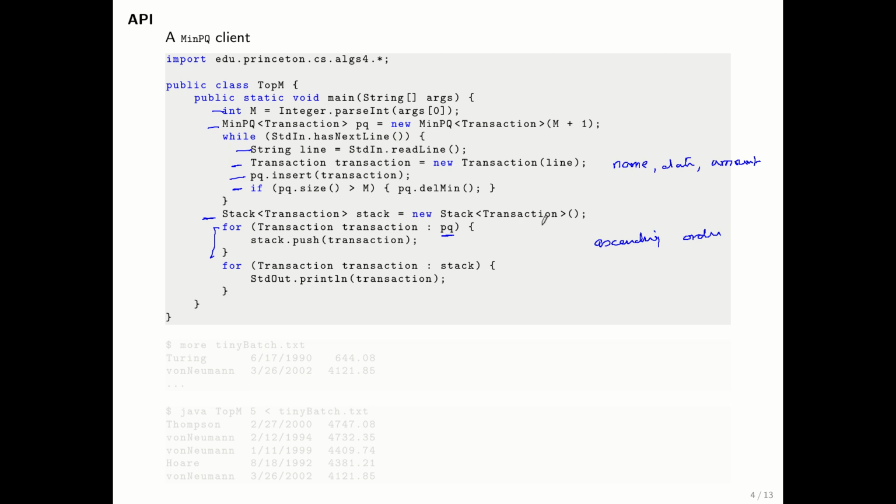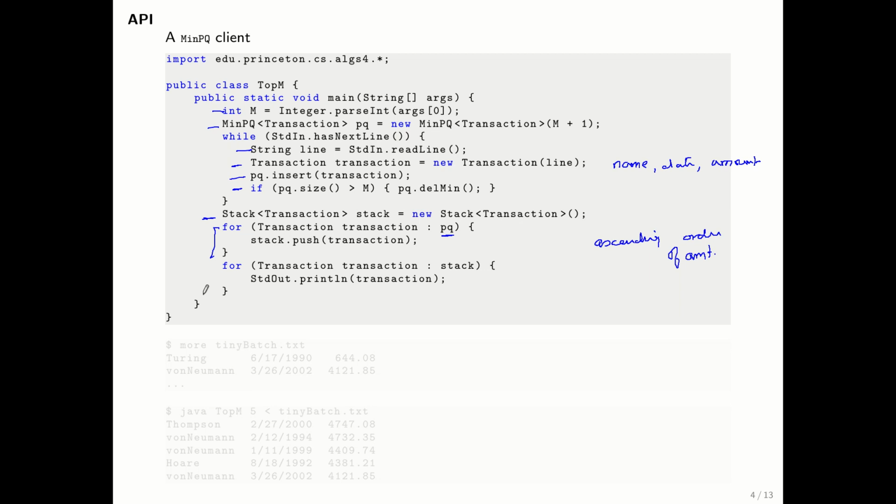That depends on how transaction is implemented, or to be more precise, that depends on how transaction was made comparable. So if you happen to look at the implementation of transaction, you will see that it is comparable by the transaction amount. Okay, so what we are doing here is simply iterating over the transaction objects in ascending order of amount of transaction. Okay. All right, and then we push those transaction objects onto a stack.